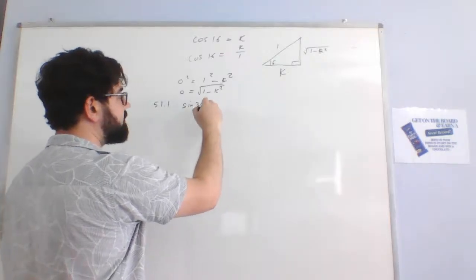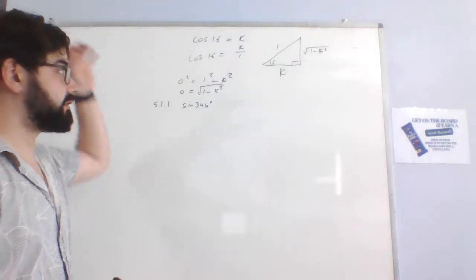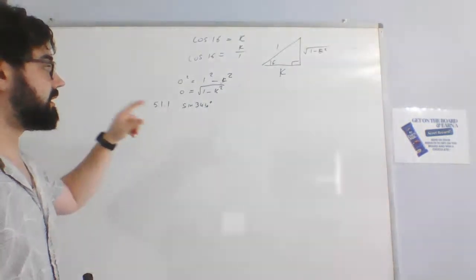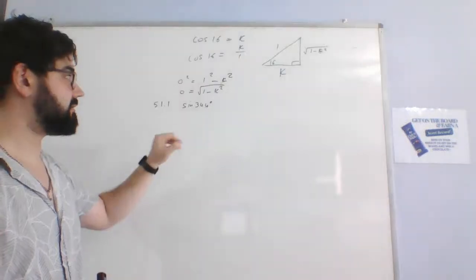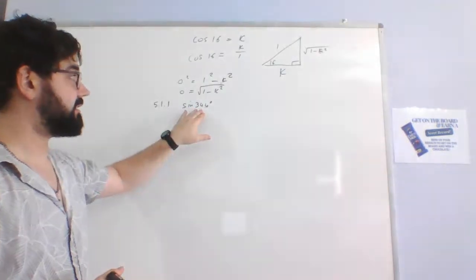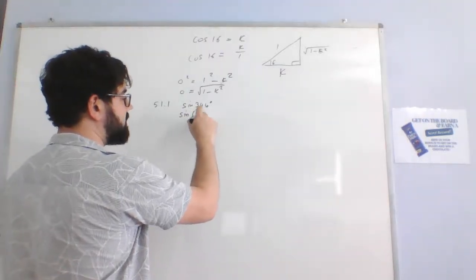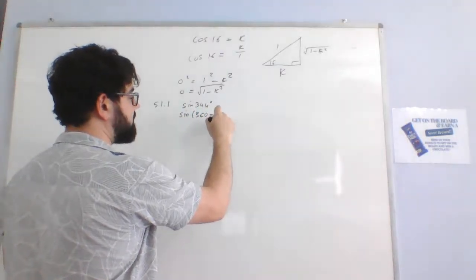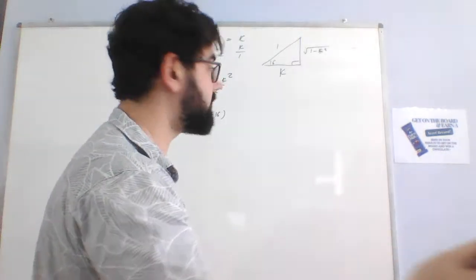Okay. And once we've got the triangle, then all we have to do is reduce this to some kind of angle of 16. So you want to be looking for reduction. 360 minus 16 is what we've got here. Sine of 360 minus 16 degrees. That's equal to 344.